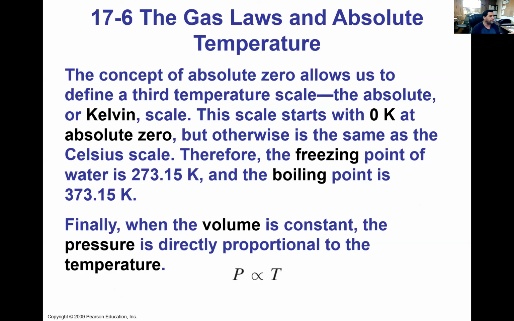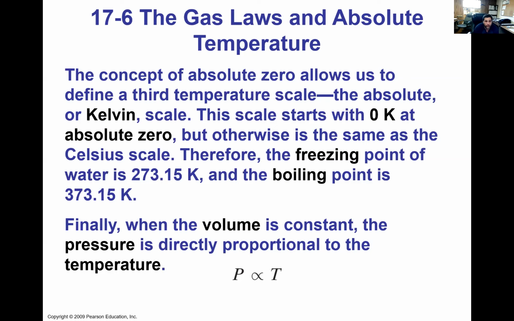The concept of absolute zero allows us to define a third temperature scale, kelvins, right? The Kelvin scale starts at 0 kelvin at absolute zero. Otherwise, it's essentially the same as Celsius, but it's offset by that 273 degrees, right?